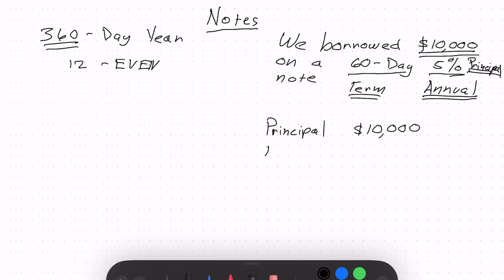In this case, for the notes, I'm just going to shorten it to rate, which was 5%. All right, 5% of $10,000, $500. Now again, I'm going to put a note next to this because this is going to be our annual interest rate.